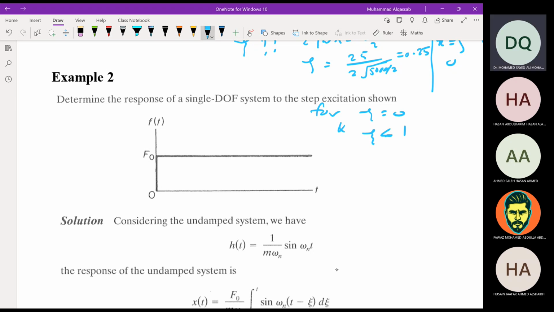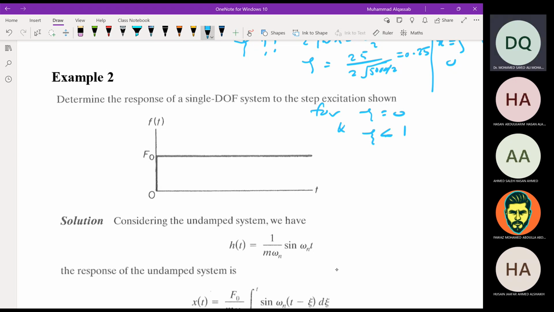The effect of a step function, which means you are suddenly applying a value of F naught, whatever that value is, will make the mass oscillate between this value and this. This is 2 times F naught over K.